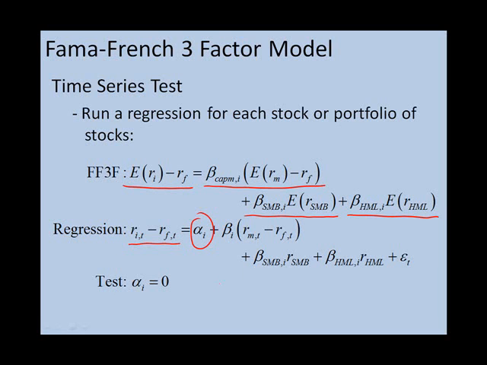And if we think about the output from our regression now, we're going to have to think about HML, SMB, the market, and then the intercept. And for each one we're going to have the estimate and we're going to have the standard error. This is the matrix we will get in the output. Why is it in reverse order? Because when you use the linest function, Excel automatically reverses the order of the variables.